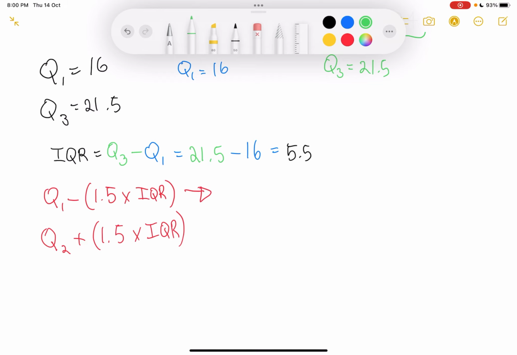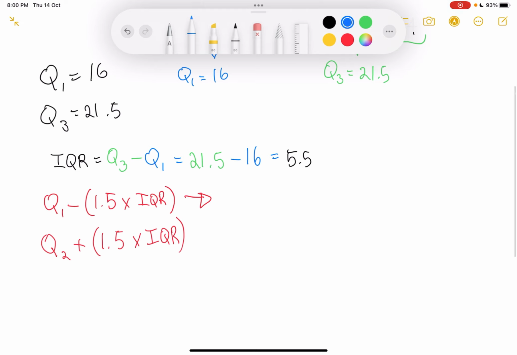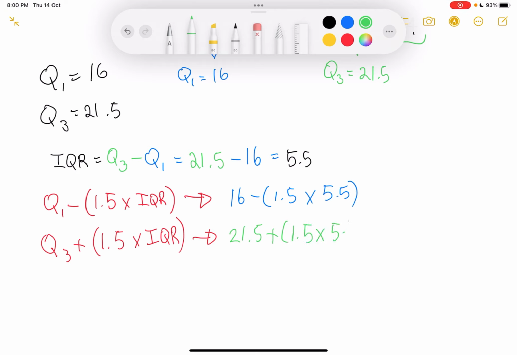For this one, I'm going to use blue. We have quartile 1 is 16 minus 1.5 times the 5.5 that we found earlier. And the second one is, why do I keep writing quartile 2? Quartile 3 is 21.5 plus 1.5 and again times 5.5.